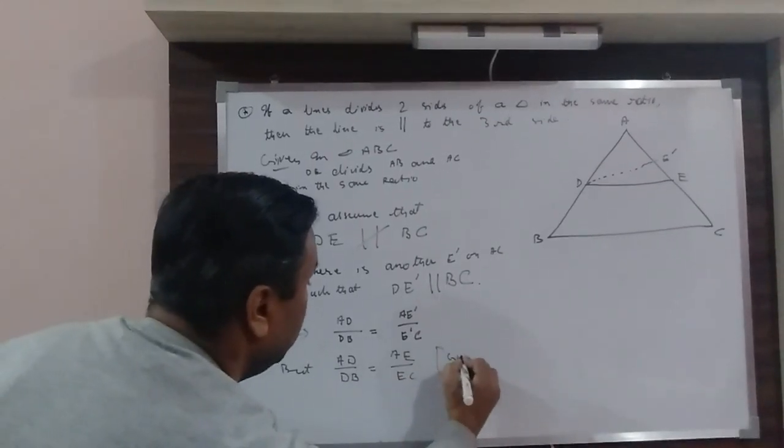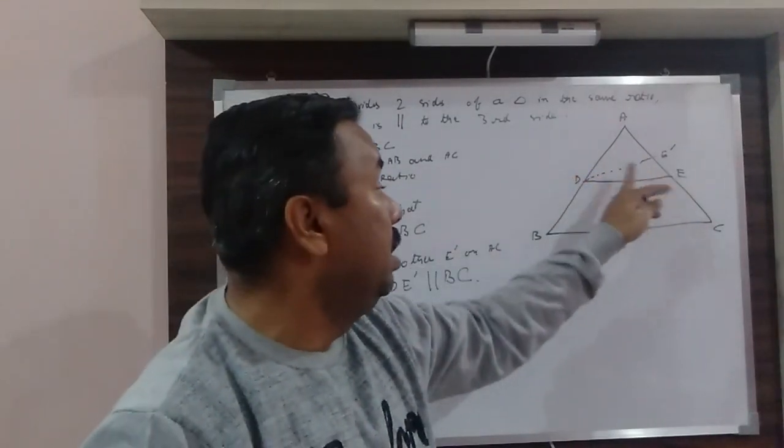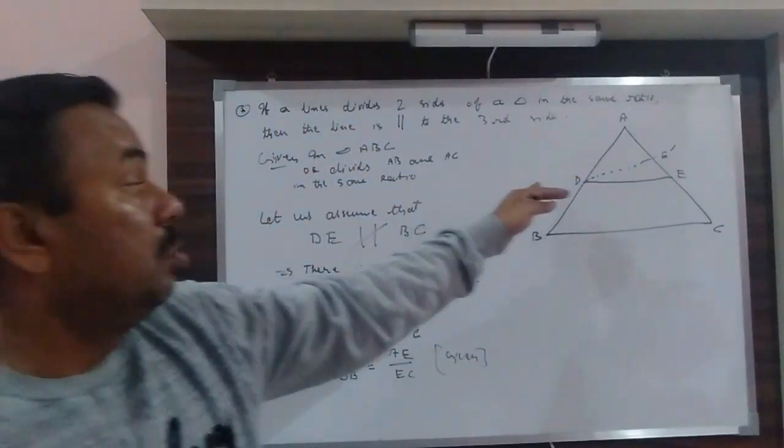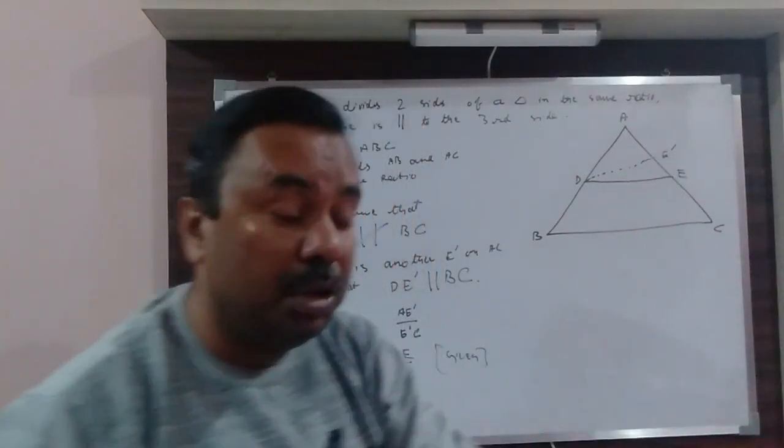Why? It has been given in the question that DE is dividing these two sides in the same ratio. That means AD over DB is equal to AE over EC.